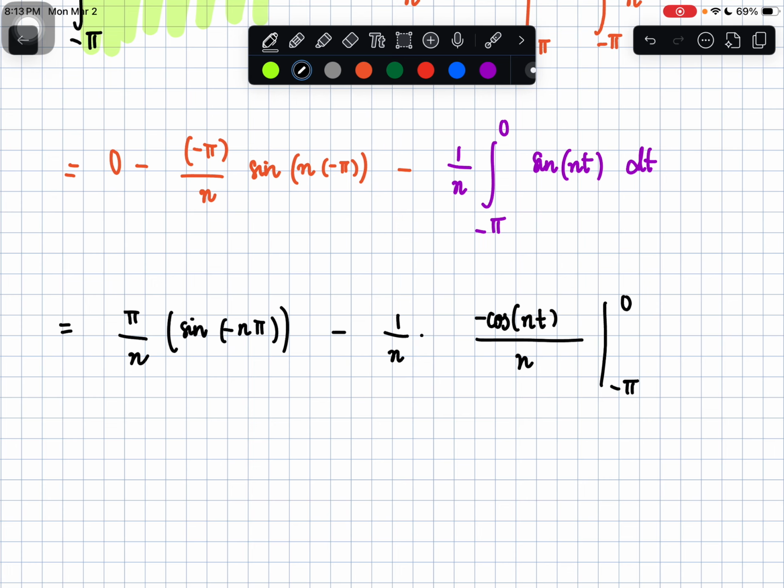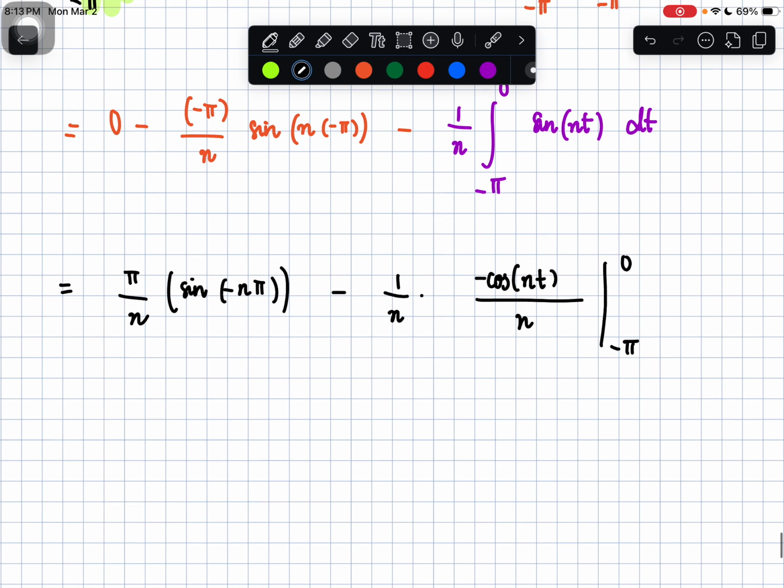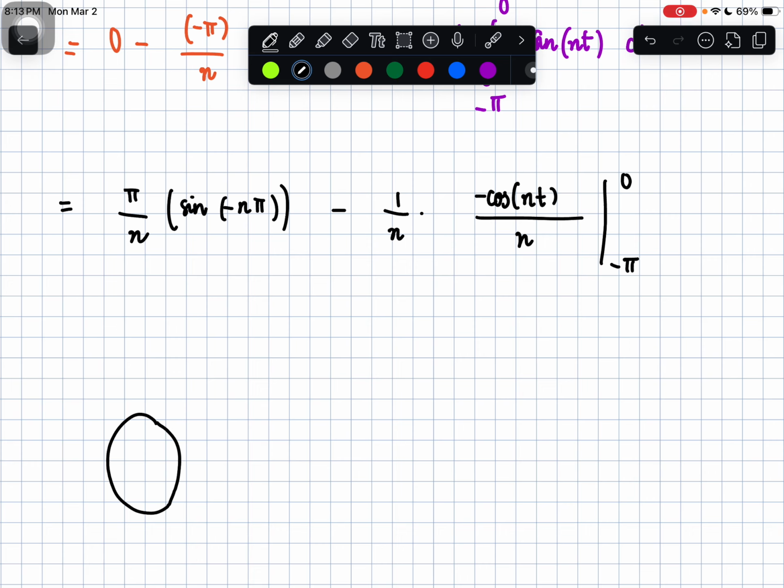Now remember the unit circle. This is 0 pi, 1 pi, 2 pi, 0 pi, minus 1 pi, minus 2 pi, minus 3 pi, minus n pi.